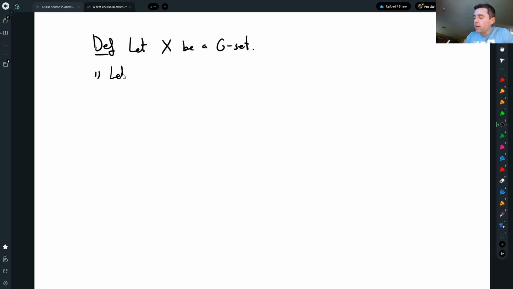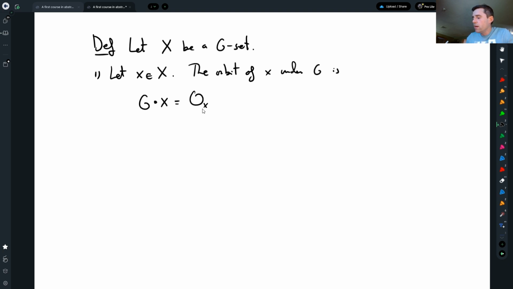Let x be in X. The orbit of x under G is, again, we either write it like this or O sub x. Those are other elements of X that you arrive at using the action of G. And an orbit is a subset of X.